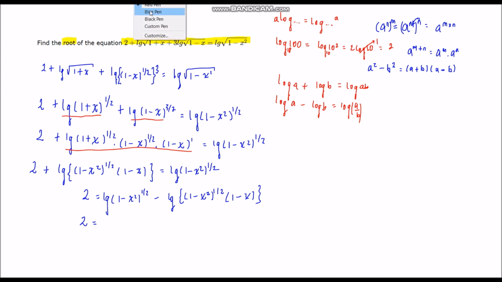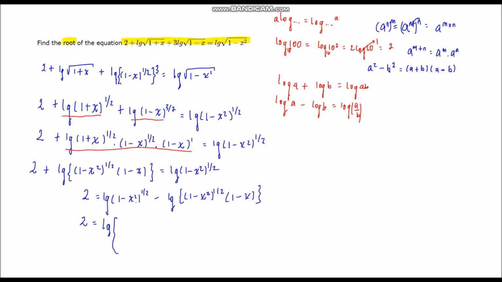So hence, if you combine them, where is log? LG. You can write it as LOG or LG. LG is just to shorten it.